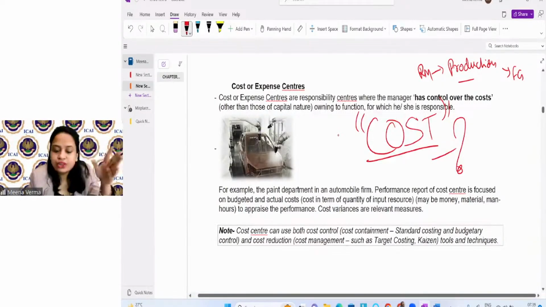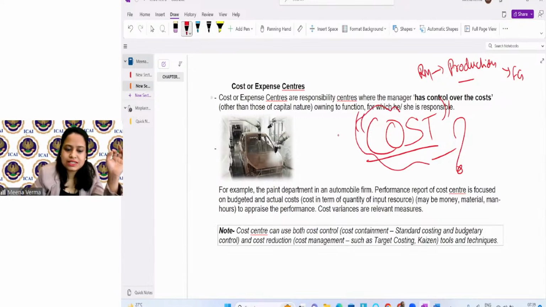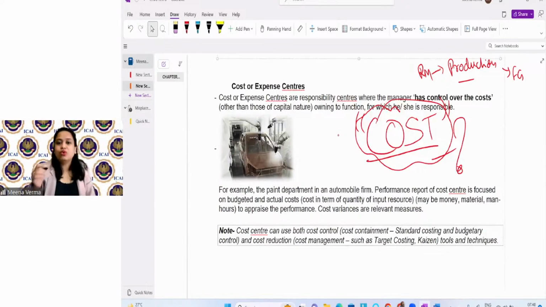During the production, we assume no investment, no profit. We are just incurring what? Cost. Production needs resources, labor, material, overhead, so we need to incur the cost. So cost center means where you are only incurring cost anywhere in the organization.